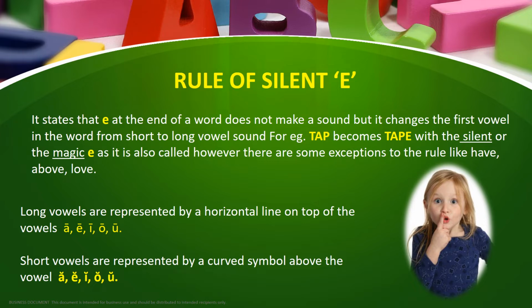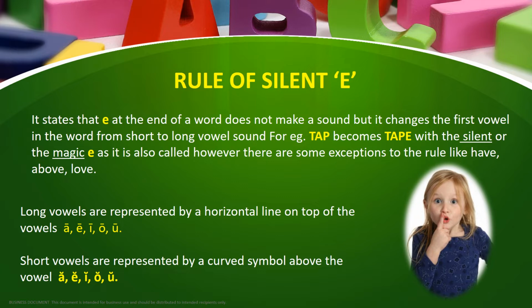So this E has made the word tap into tape. So this is what the rule of silent E is, that when you add E to a short vowel word, then the first vowel becomes a long vowel and it gives a long vowel sound. Okay, for example, C-A-T cat, C-A-T-E Kate. Okay, we will go through more examples like that in the next slide.